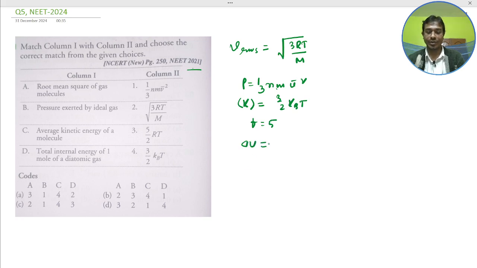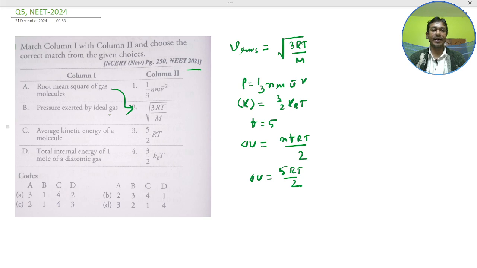So U = nfRT/2, so U = 5RT/2. So I think root mean square speed would become 2. Pressure exerted by ideal gas would be this one, 1/3 ρc², that is NmV average square.